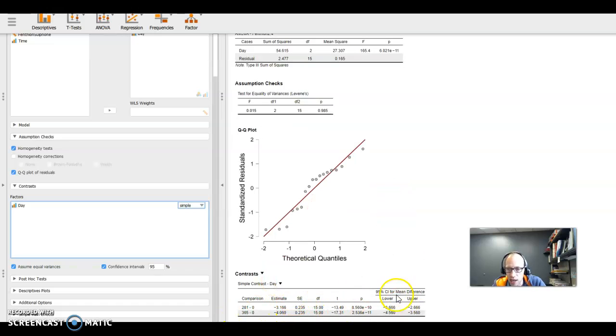And if you can hopefully see down here, the difference between the initial content of Fenthion to the 2.4, that's where it gets a little weird, and the Fenthion to the 2.4 on day 365, it looks like that's decreased by between 3.56 and 4.56.